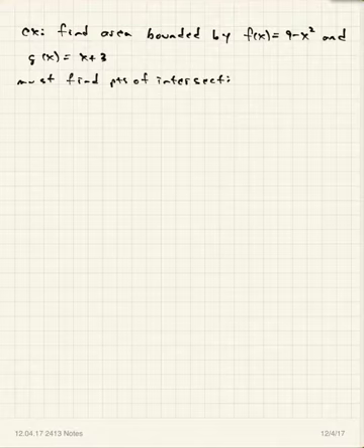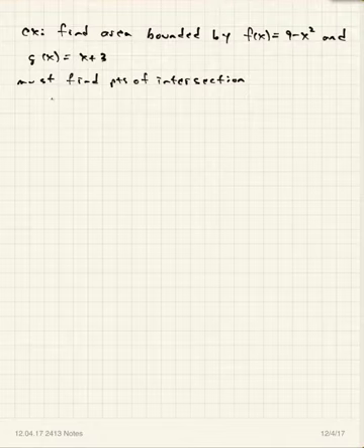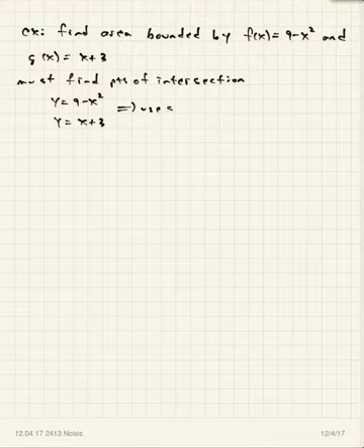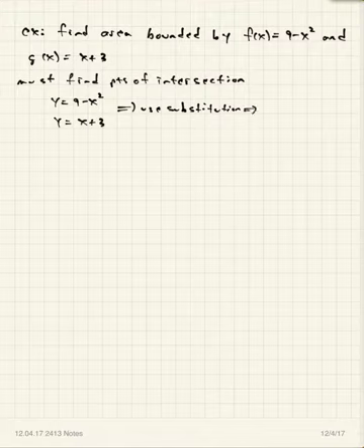Okay, and so we can do that using substitution, right? We've got y equals 9 minus x squared, and we've got y equals x plus 3. So we simply use substitution here and substitute one of those equations in for y in the other equation.